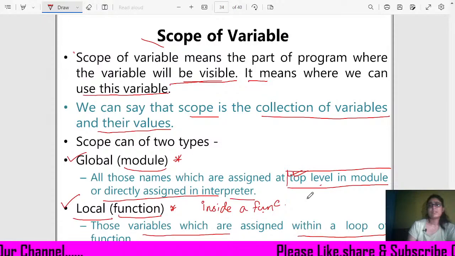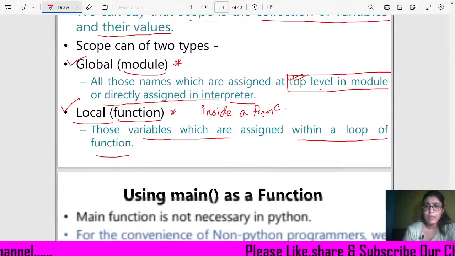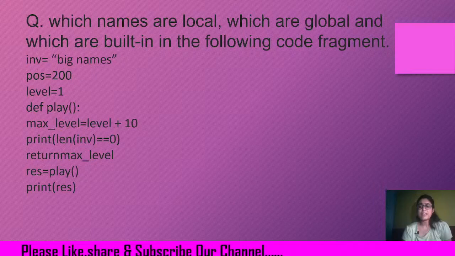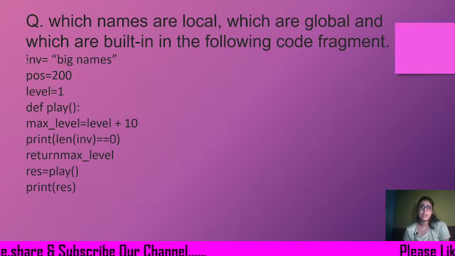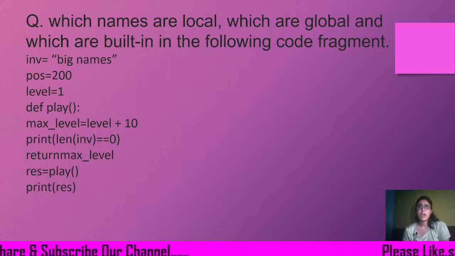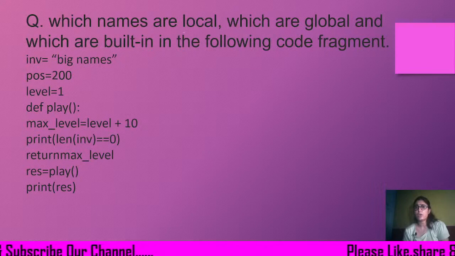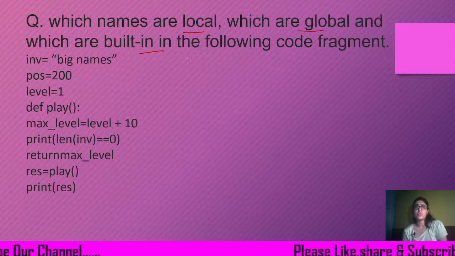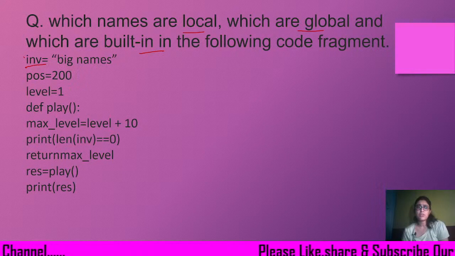That is about local and global variables. Now coming to the example, I am going to explain it elaborately. Which names are local, which are global, and which are built-in in the following code fragment? Now one is inv equals to big names.